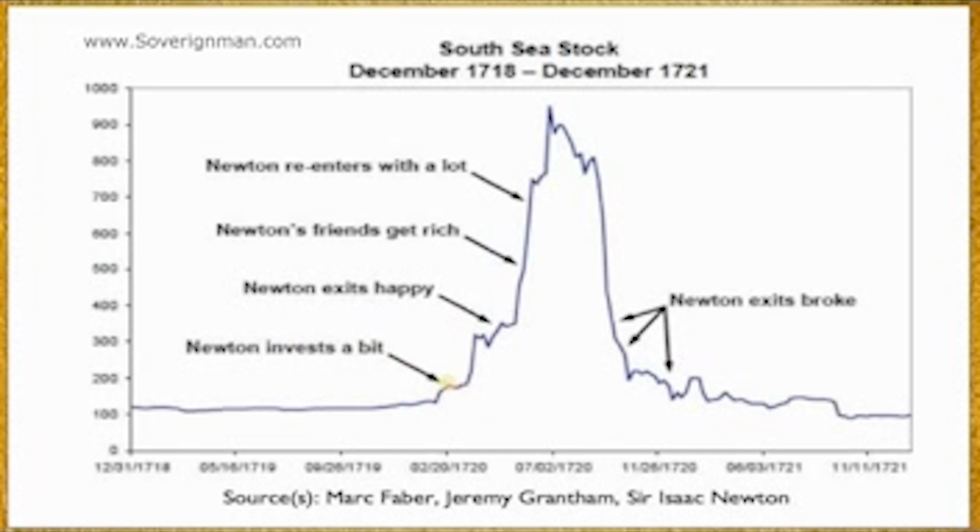He invested a bit when prices were relatively low here, and prices went up. He doubled his money here, roughly, and so he was pretty happy with that. But of course, then he saw prices rise further, and he started to think, oh, I'm missing out. So that was when he started to get FOMO.